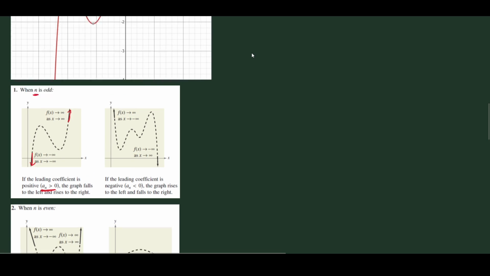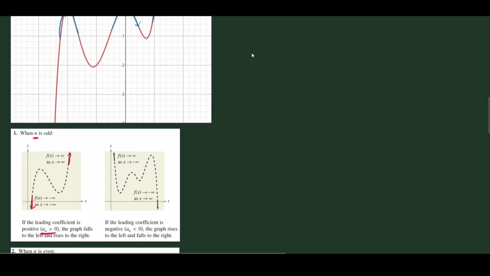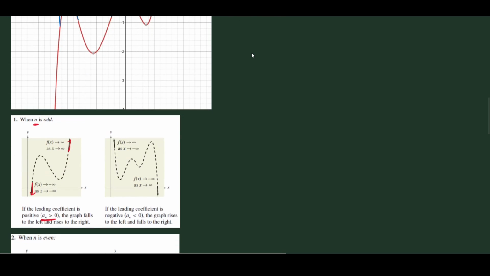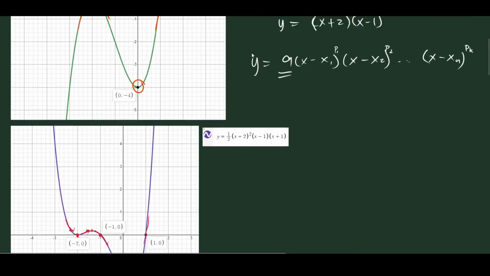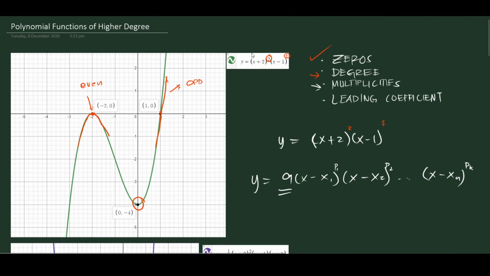Okay, so let's take a look. Does this corroborate with what we've been discussing so far? Let's see here. We have an a that is greater than 0 and an n that is odd. So did we have an example here? Yeah.